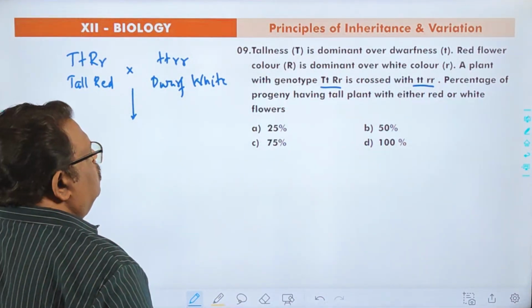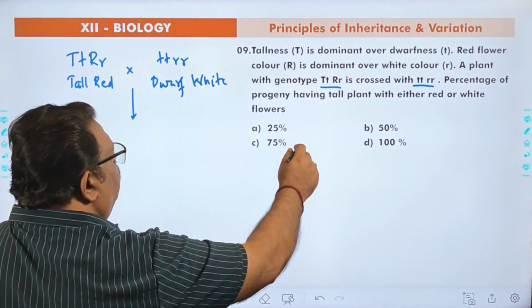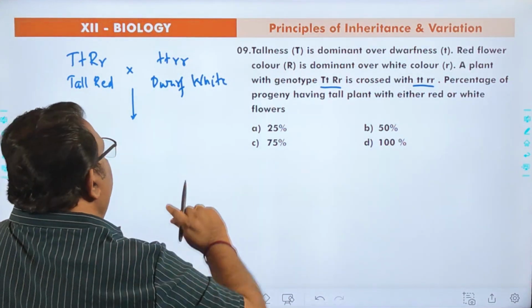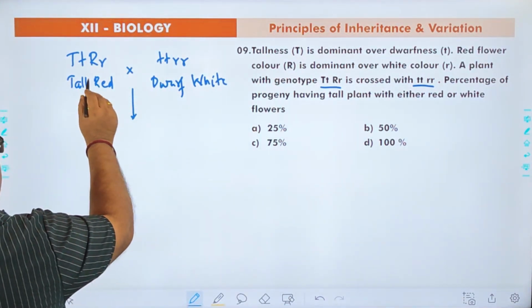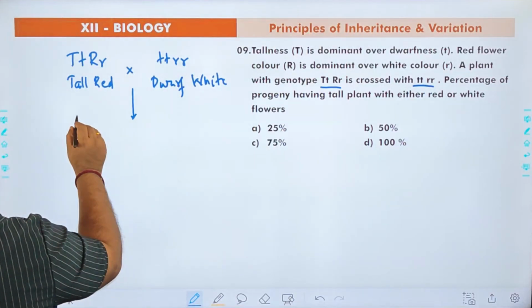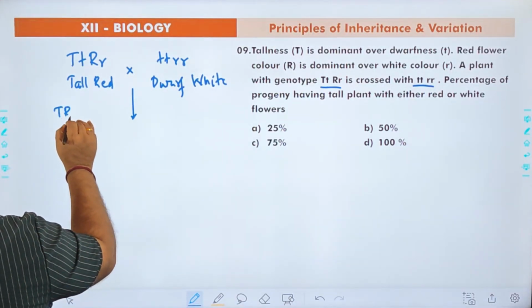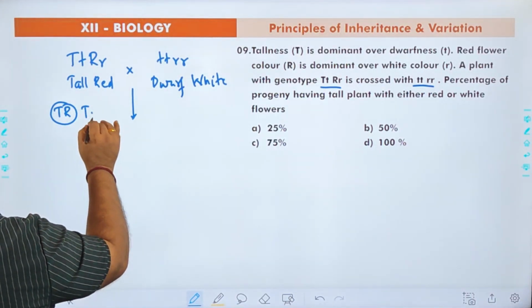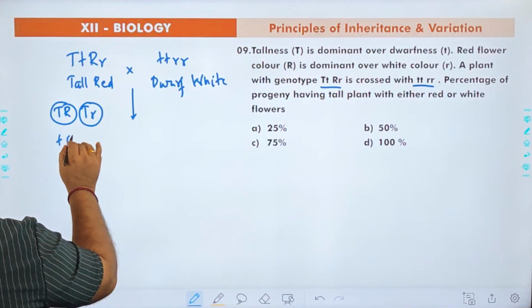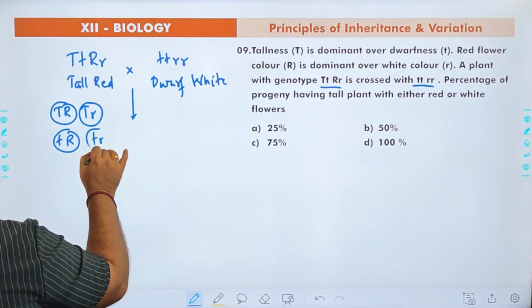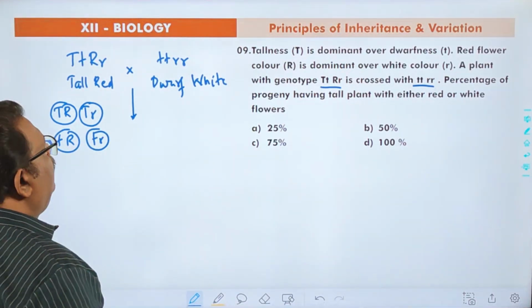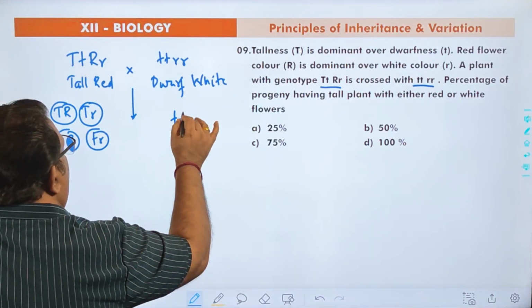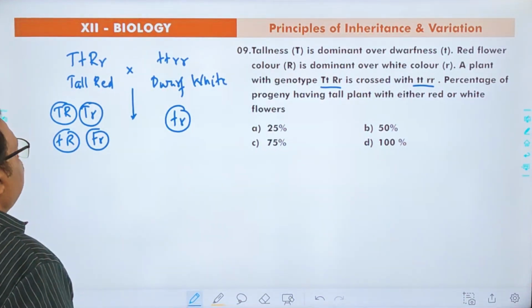In this dihybrid test cross, the question asks the percentage of progeny having tall plants with either red or white flowers. What are the gametes here? The gametes will be capital T capital R, capital T small r, small t capital R, small t small r. But the recessive parent produces only one type of gamete, small t small r.